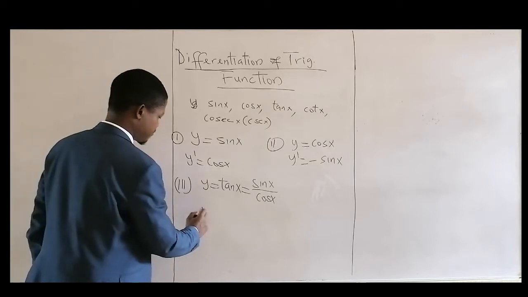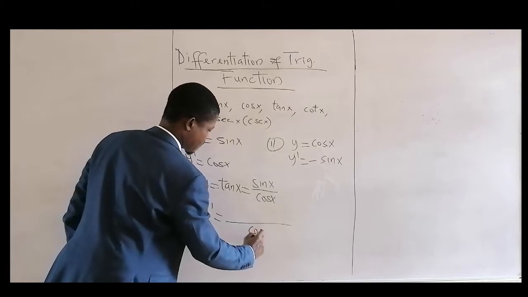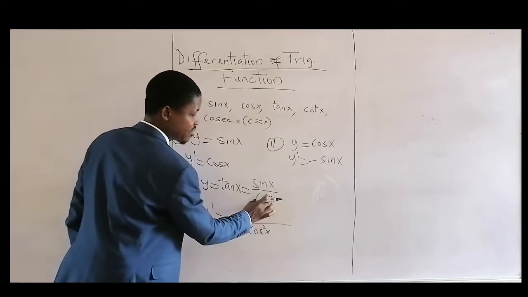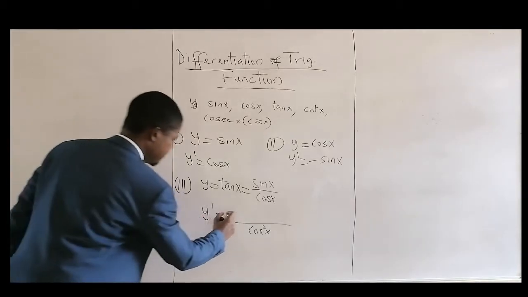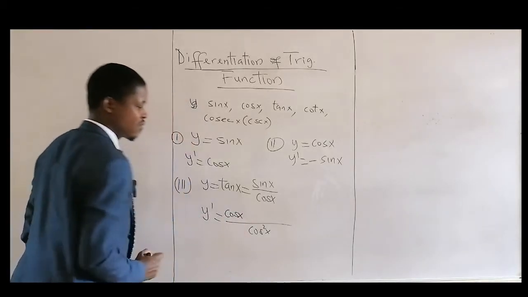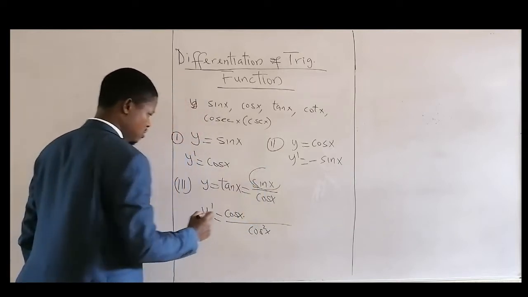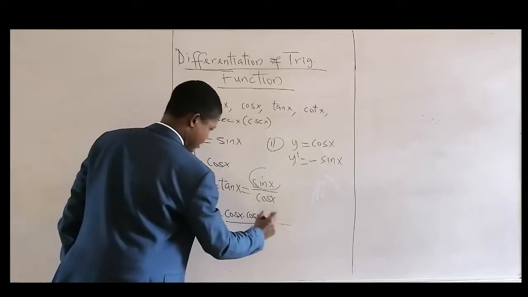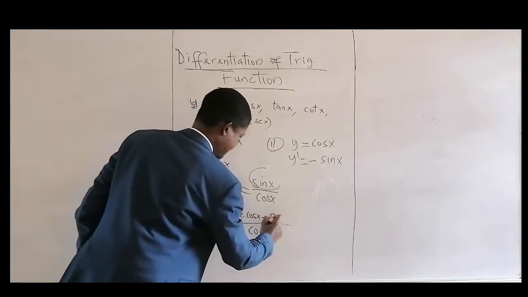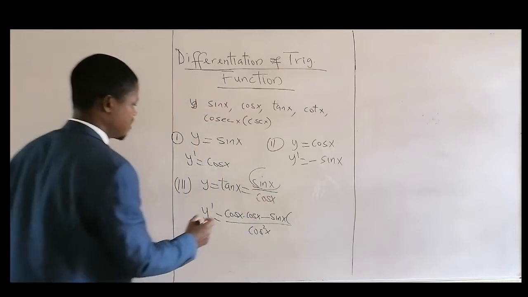So from the quotient rule, y prime will be equal to, don't forget, v squared, which gives us cos square x, times the derivative of the numerator, which is cos. Derivative of sine is cos, then minus numerator times derivative of the denominator, which is minus sine x.